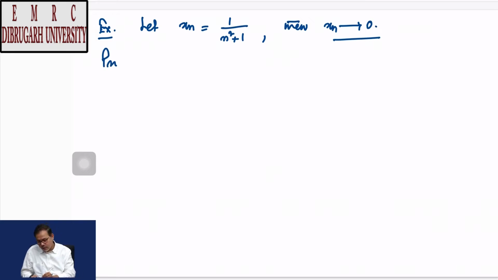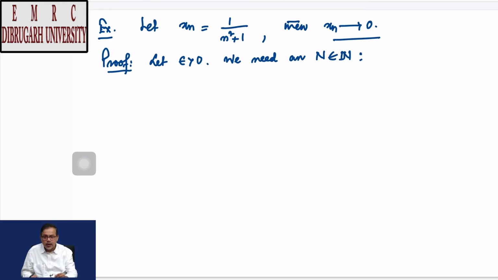How can this be proved? Let epsilon greater than 0 be given. What we need is capital N in the set of natural numbers such that |xn minus 0| is less than epsilon for all n greater than or equal to capital N. This is what we want.